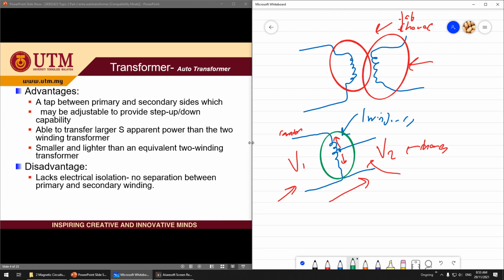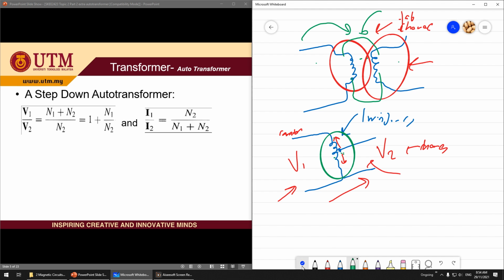You can see here, this one is directly connected, this one is not. So this one is for safety, isolated. Primary and secondary has no electrical connection. It is connected by magnetic. This is the magnetic circuit. So this is the normal transformer, but for auto transformer you don't have that, so no isolation, so that one is a disadvantage.